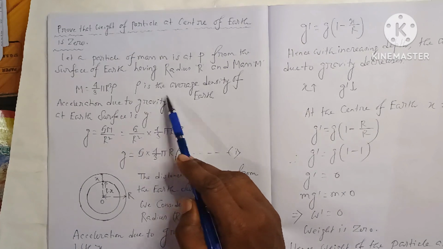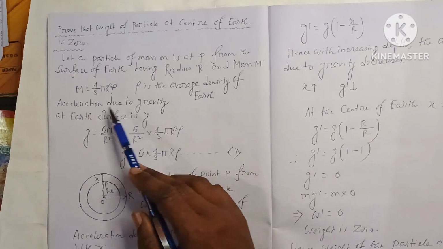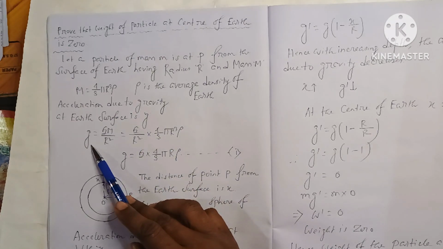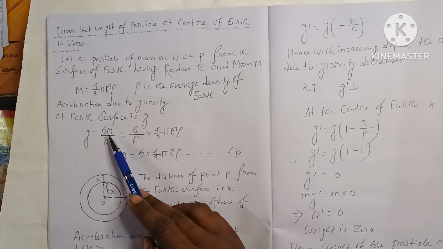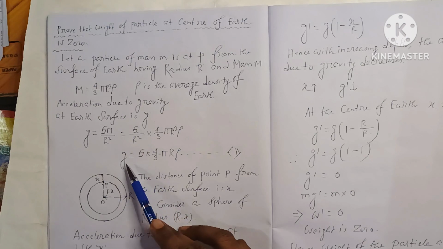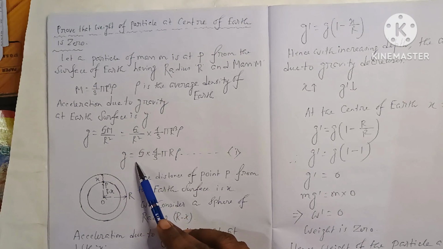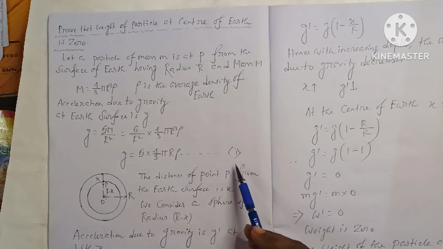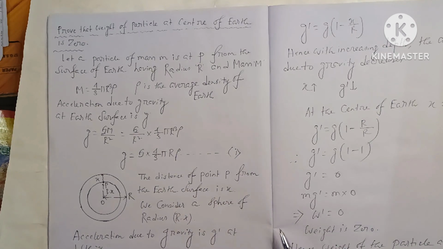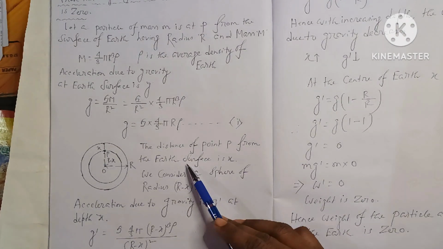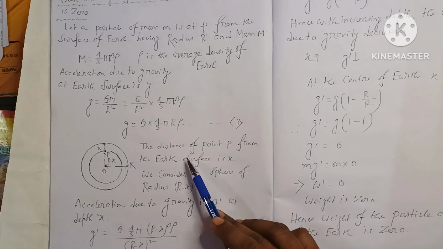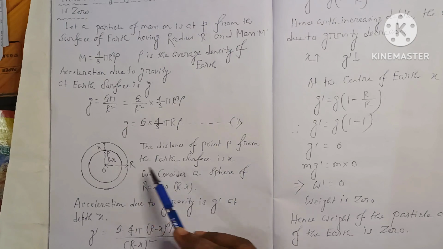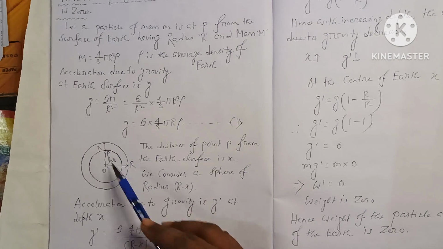Here rho is the average density of the Earth. So the acceleration due to gravity at the Earth's surface, we know, is g equals GM by r square. Putting the value of M in the equation, we get g equals capital G into 4 by 3 pi r rho. This is equation number 1. The depth of point P from the Earth's surface is x.